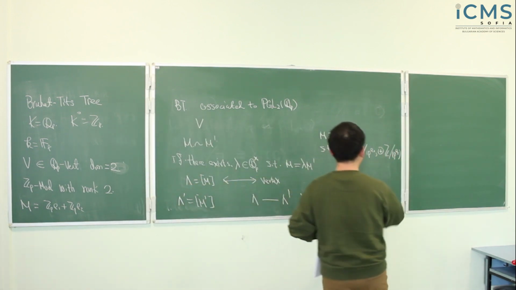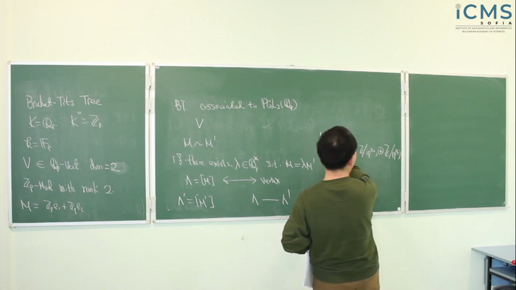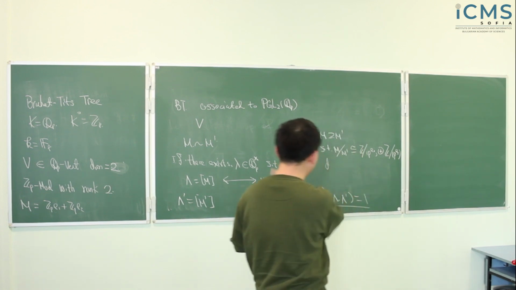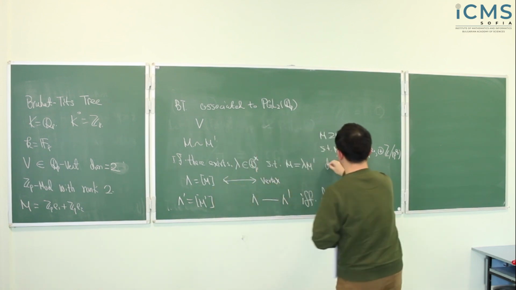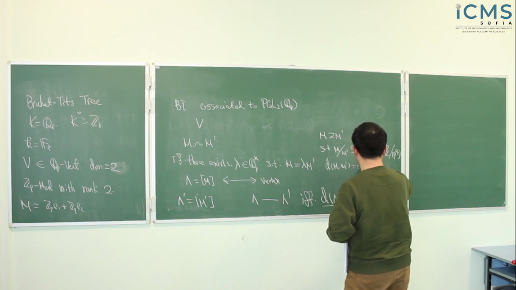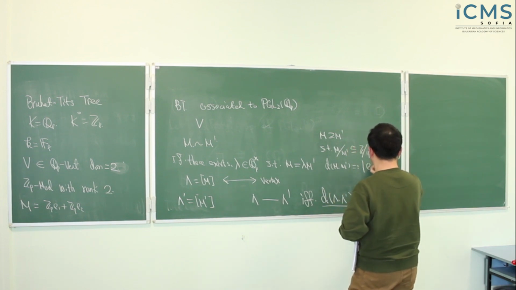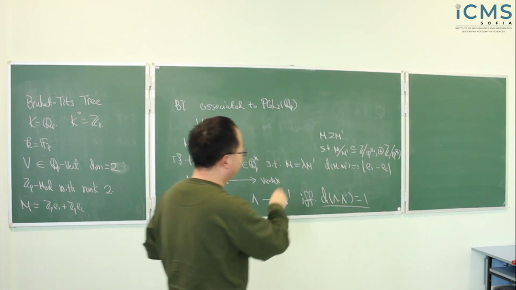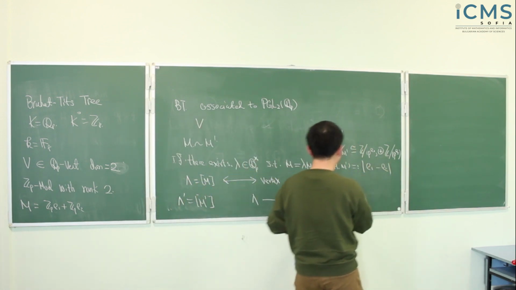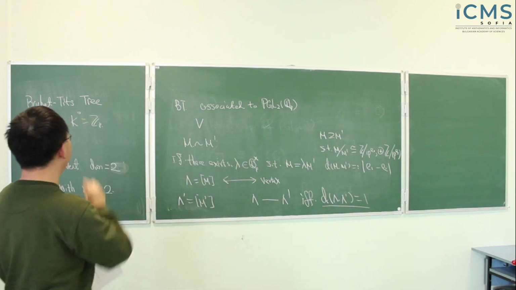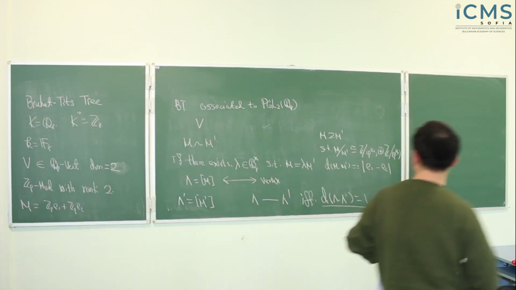And we define the distance between M and M prime, which is a representative of the lattice class, as the absolute value of e_1 minus e_2. So when this difference between e_1 and e_2 is equal to 1, we say that there's an edge between these two vertices. Let me calculate a concrete example for you.